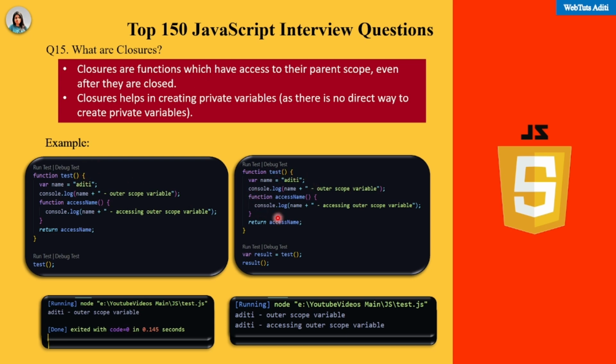But in this example, you see, this is an example of closure. Here I have assigned this function to a variable. And then I'm calling this variable in the next line. So this test function is not yet completed. It's stored in this result variable.